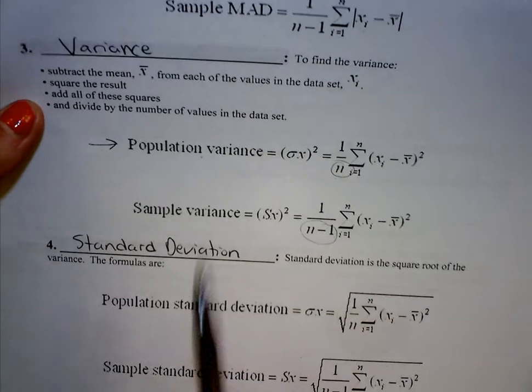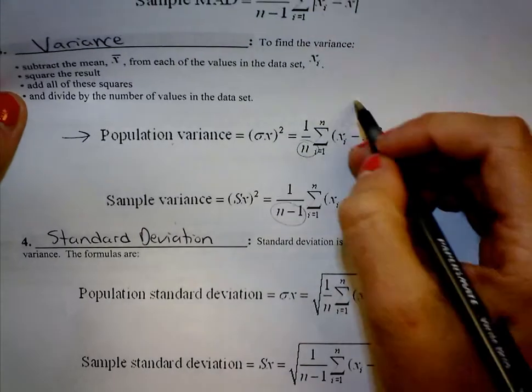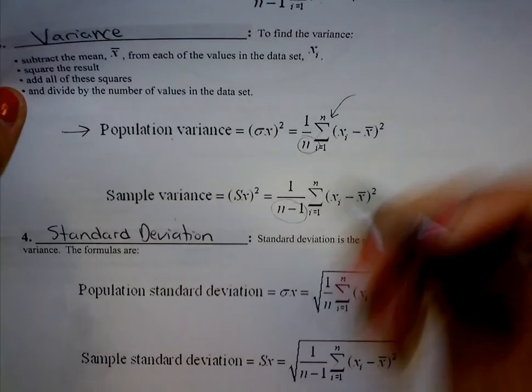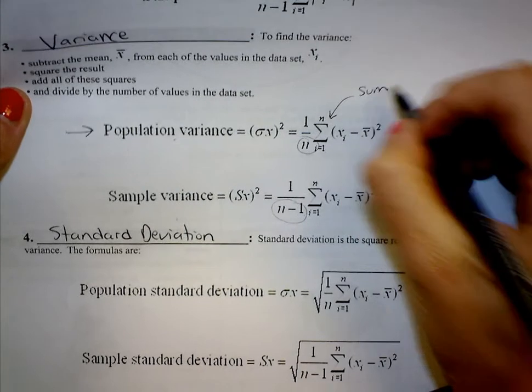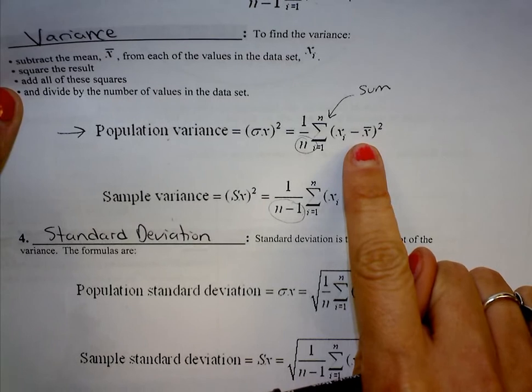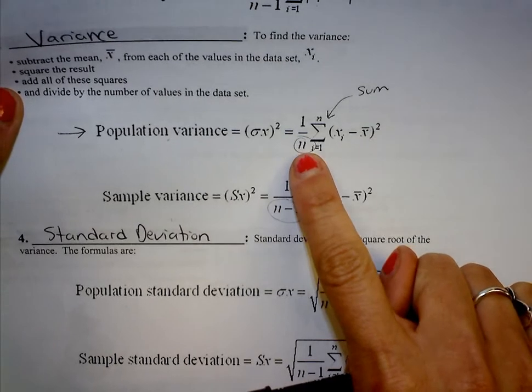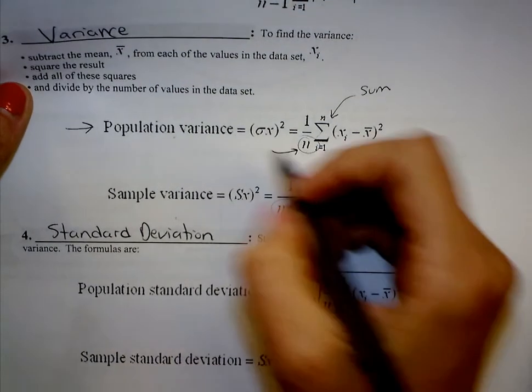So for this population variance, remember this sigma from a couple units ago means sum. So that means I'm going to take this equation, add them up for every single term, and then at the end, divide by n. Remember, n is the total number of data points I have.